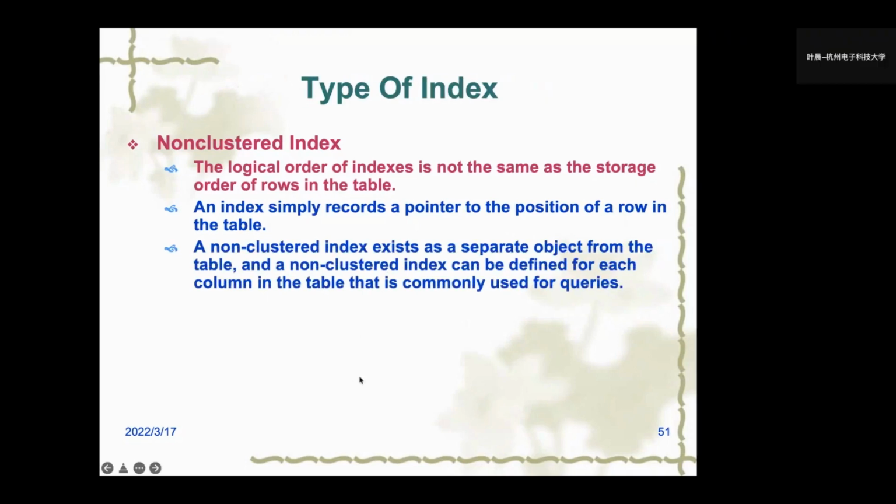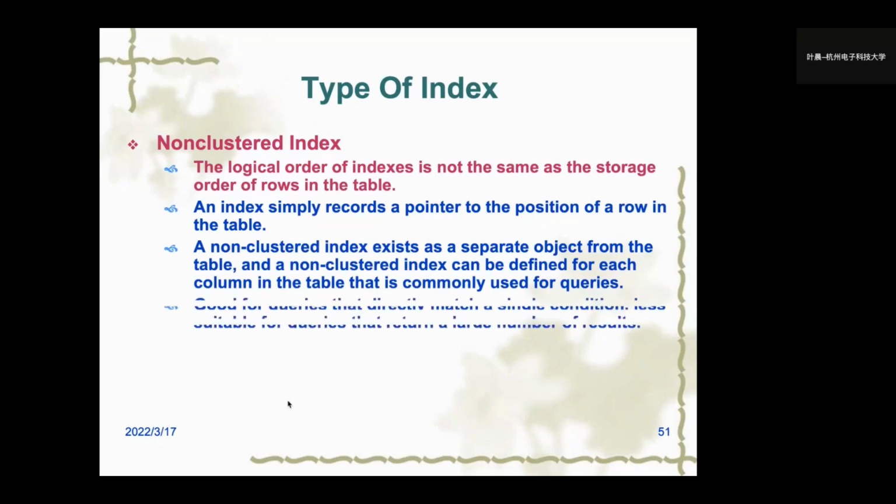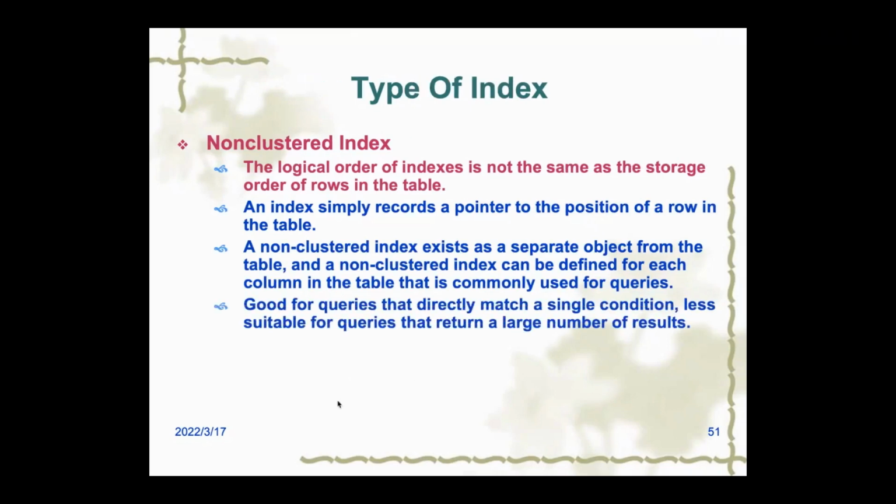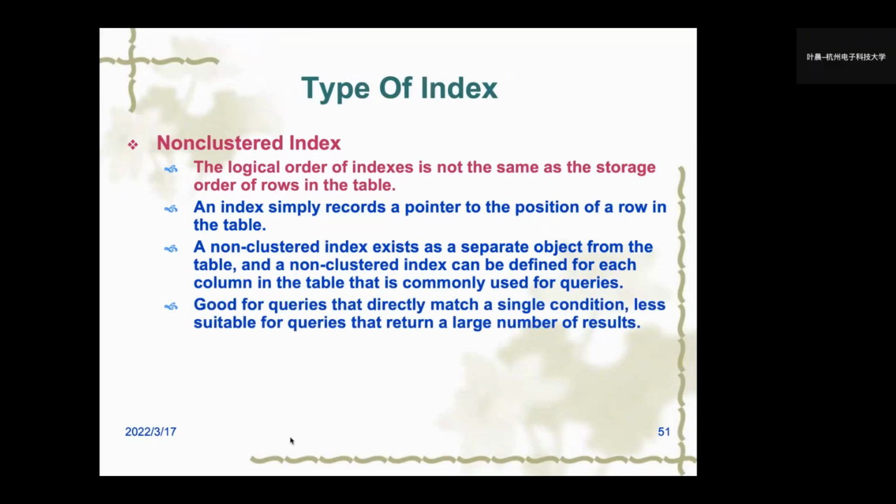And a non-clustered index exists as a separate object from the table, and the non-clustered index can be defined on columns in the table that are commonly used for queries. It is good for queries that directly match a single value, less suitable for queries that return a large number of results.